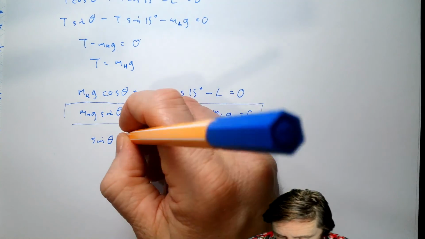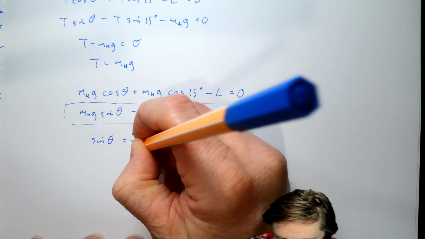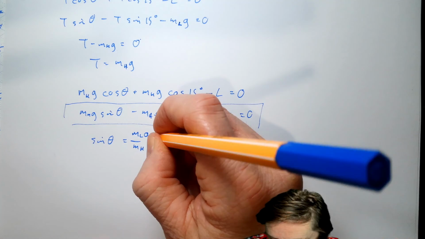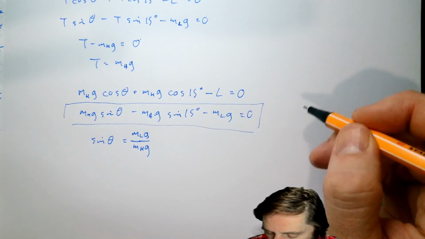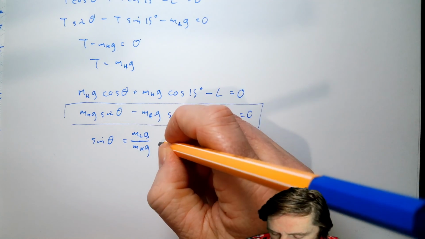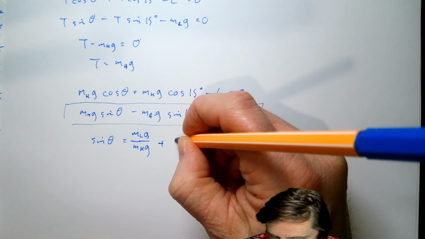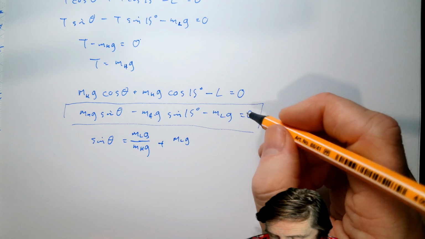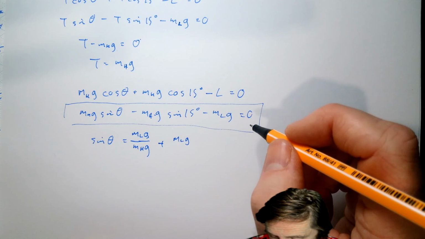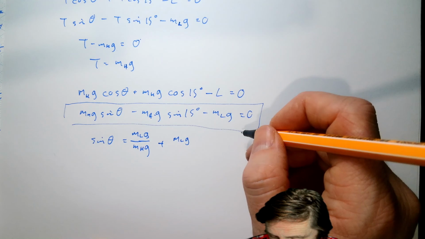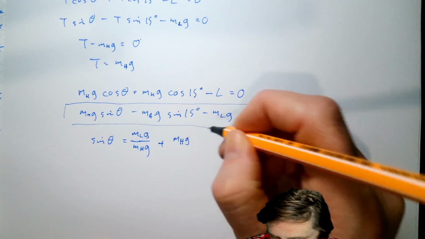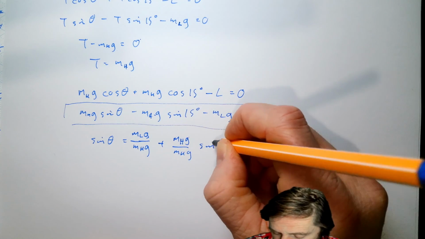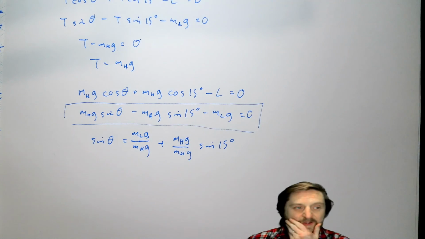We're going to have m_L g over m_H g plus m_H g over m_H g sine 15 degrees. Okay, so I've just rearranged this.